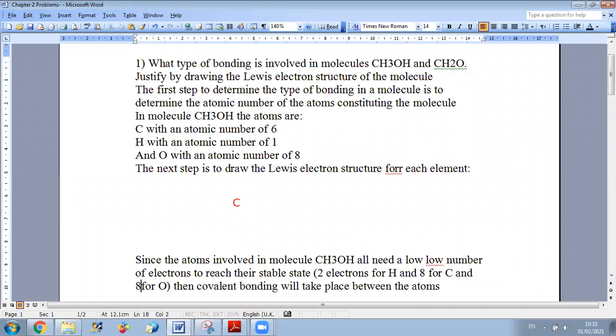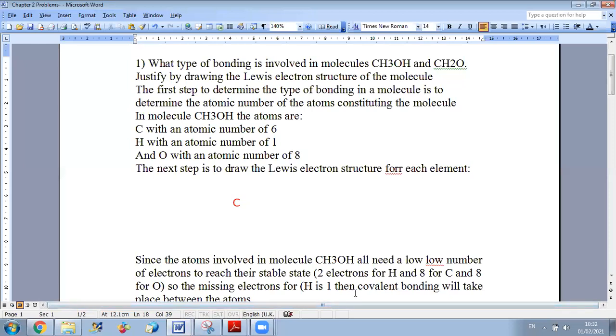The missing electrons, now I will clarify it here. So the missing electrons for H is 1, okay, because it needs to reach 2.